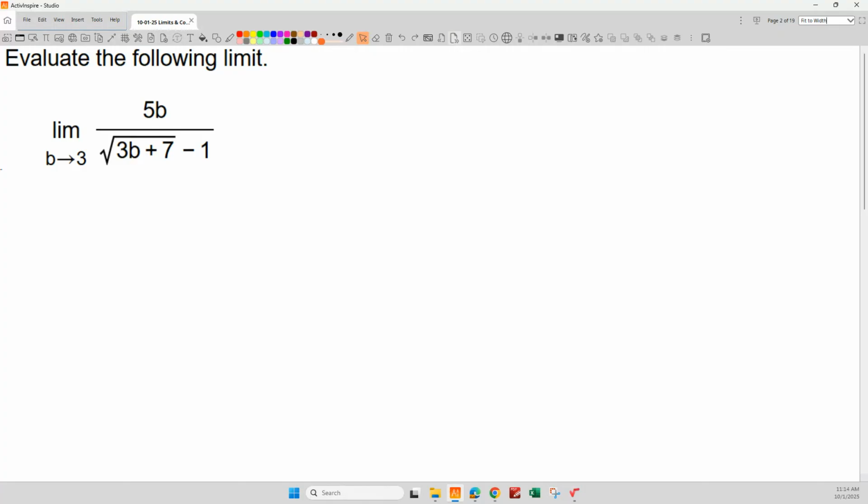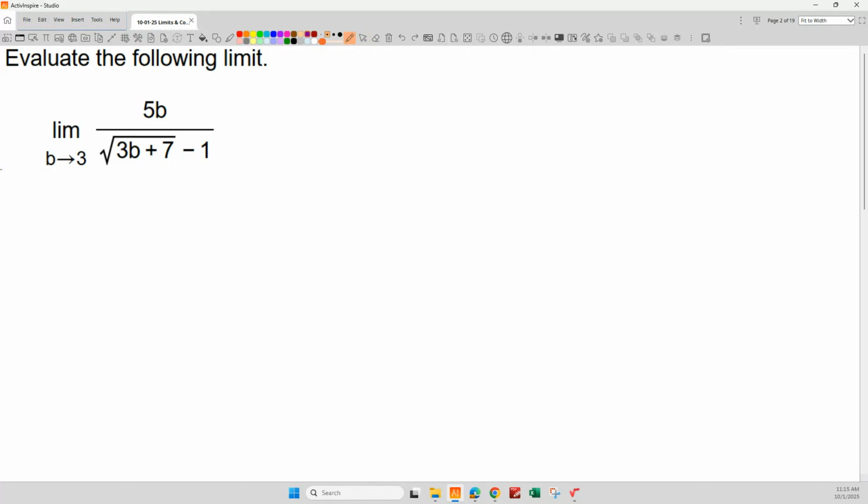What about one like that? What do we do? I'll let you look at it for a second. You take the inverse of the radical, so the root plus 7. By inverse, you mean the minus 1 on the outside is plus. We don't even know, so it's going to come out to a 0 over 0. Aha! What do we do first? Plug it. We try to evaluate directly.